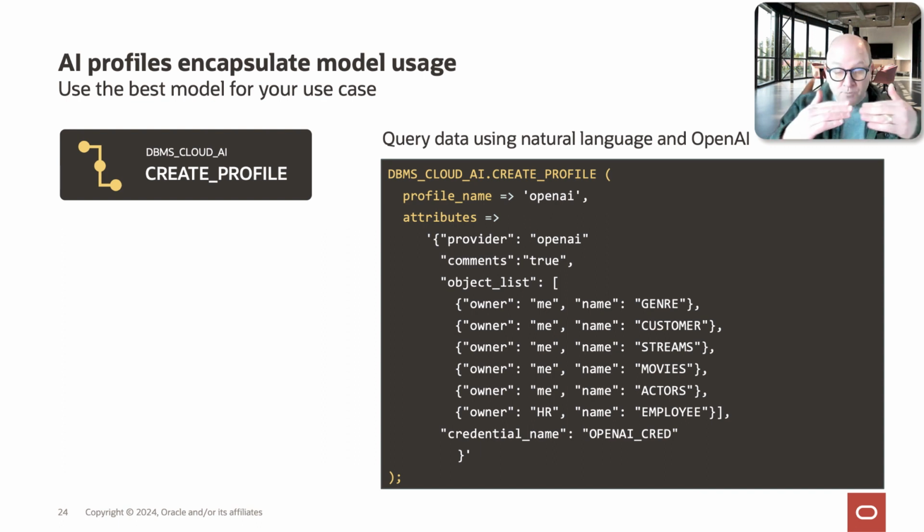So what you specify as part of the profile is not just the provider and the model that you want to use, but you also specify what are the tables that you want to participate in natural language processing, right? So you can specify all the tables in a schema, or you can specify specific tables that you want to participate in natural language processing. So those are going to be the sources.